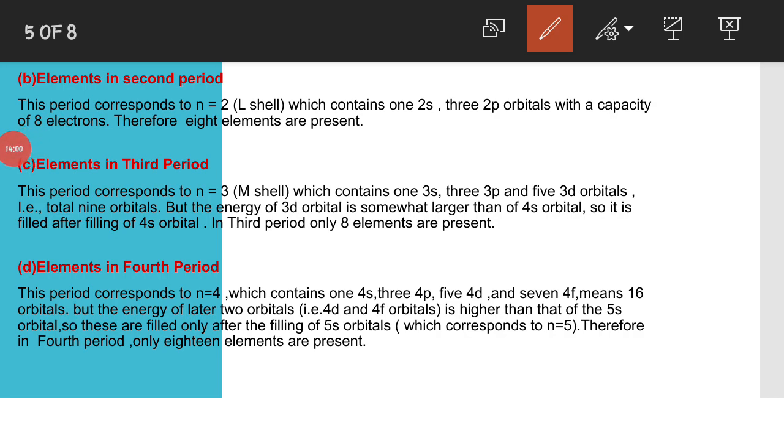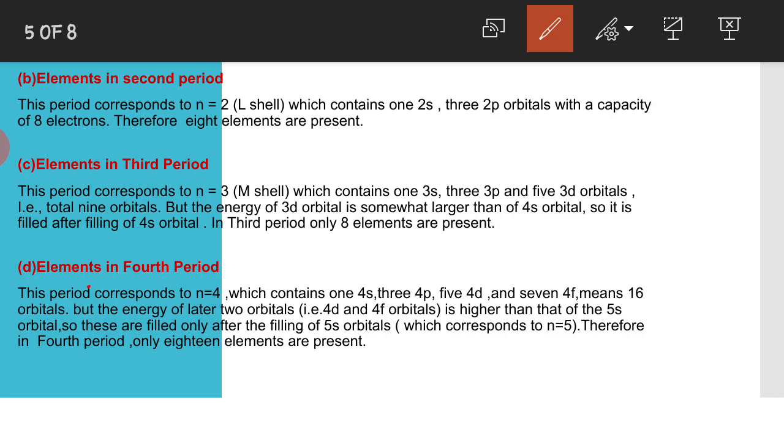But the energy of 3d orbital is somewhat larger than that of 4s orbital, so it is filled after filling of 4s orbital. In third period, only 8 elements are present.